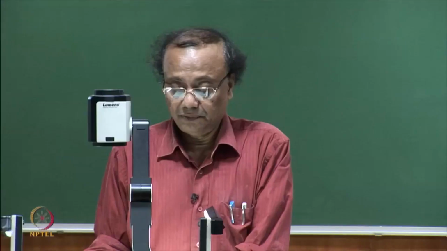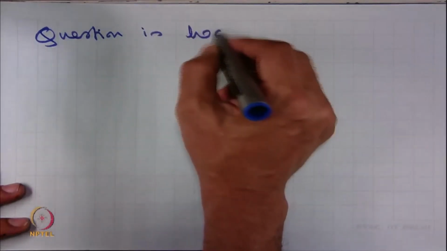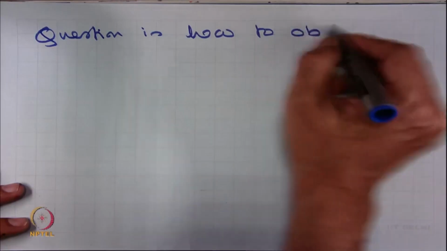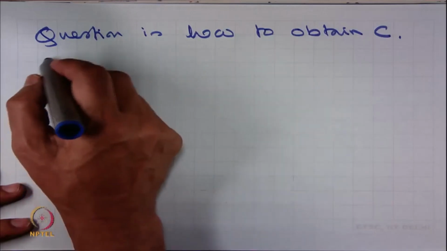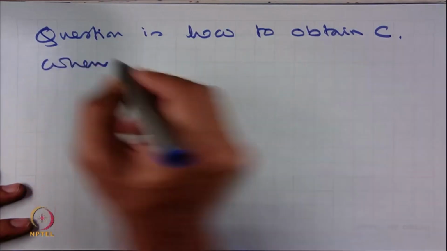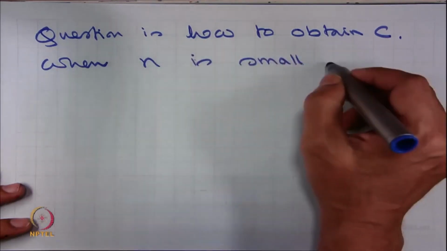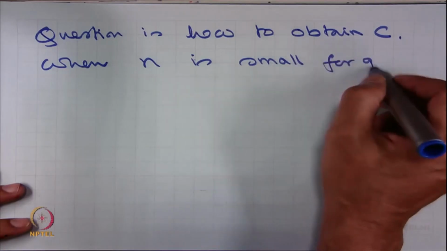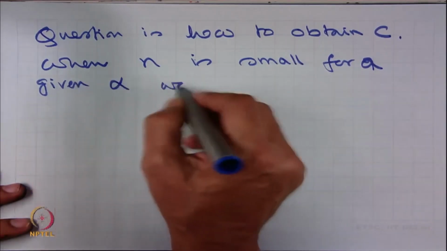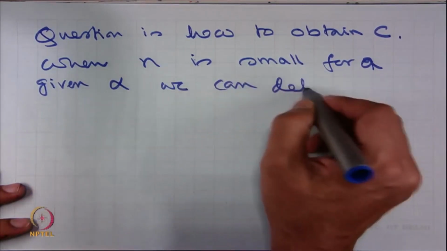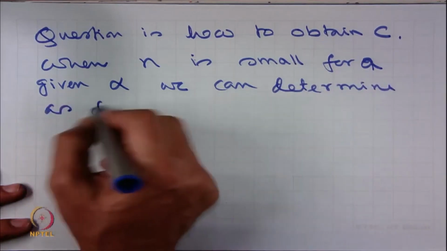The question is, how to obtain c? When n is small, for a given alpha, we can determine it easily as follows.